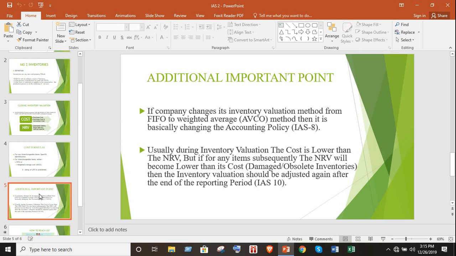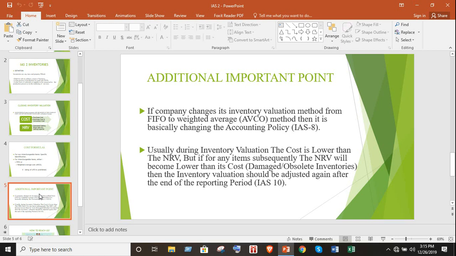So if you change any method of inventory valuation, if you want to switch from FIFO to AVCO or AVCO to FIFO, then this is purely a change in accounting policy. Here it's clearly given, if a company changes its inventory valuation method from FIFO to AVCO or AVCO to FIFO, then it is basically a change in accounting policy that is covered in IAS 2.